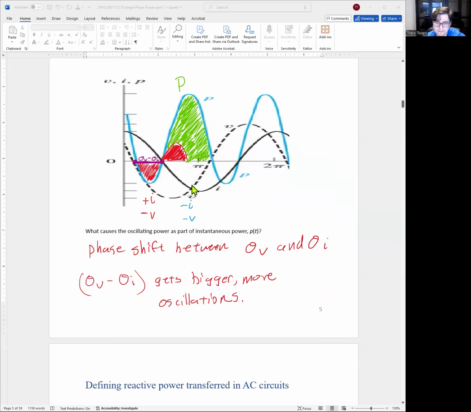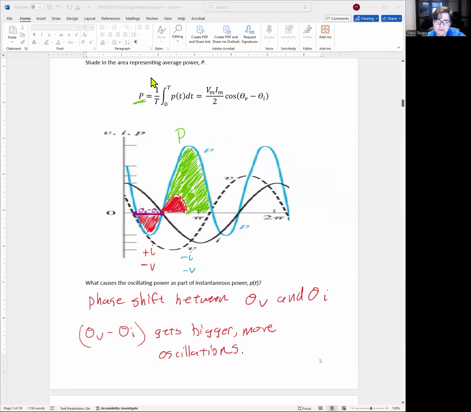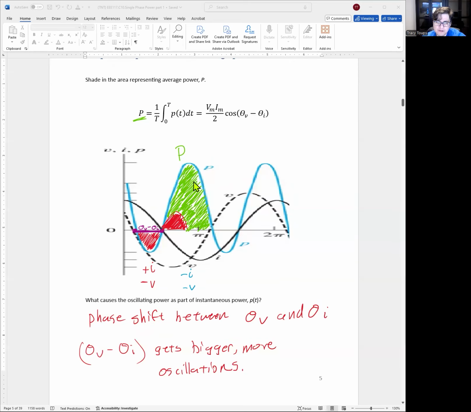Okay. So we know capital P, green, that's good. We want to keep this. And we could quantify this with the average. But how can we quantify the red part, right? Because I know as it gets bigger, we need more, but I need a hard number.